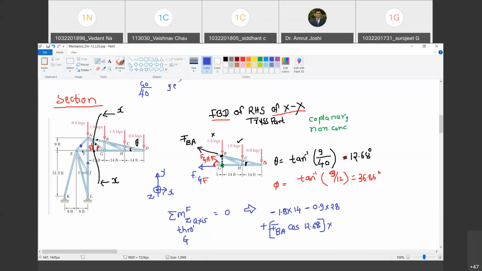Do you agree with me? Yes, sir. So go distance 28 from D. You get what? That is length BG. Do you agree with me? Yes, sir. So length BG is simply, by cross multiplication or similarity of triangles, 28 by 40 into 9. Do you agree with me? Yes, sir. 28 by 40 into 9. So tell me how much is that?